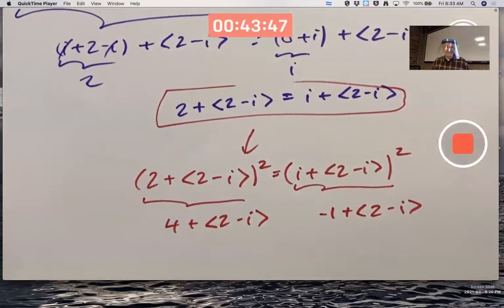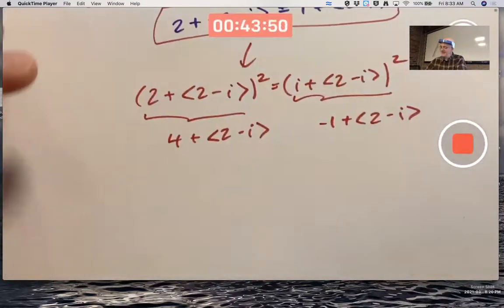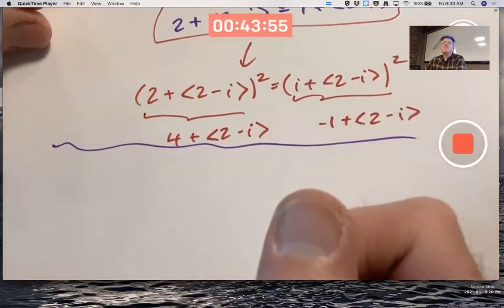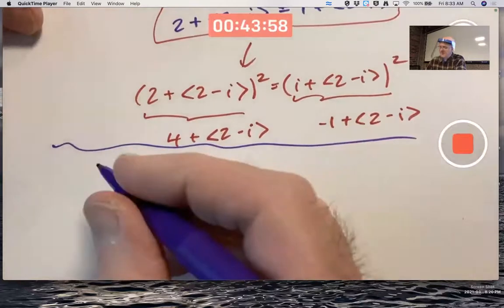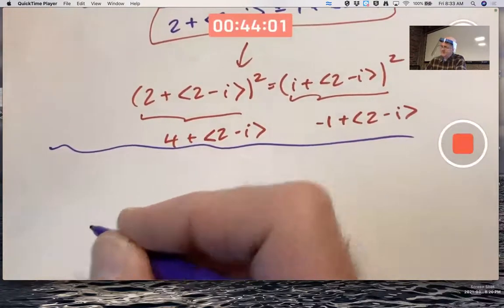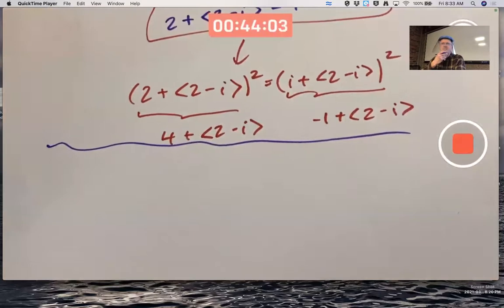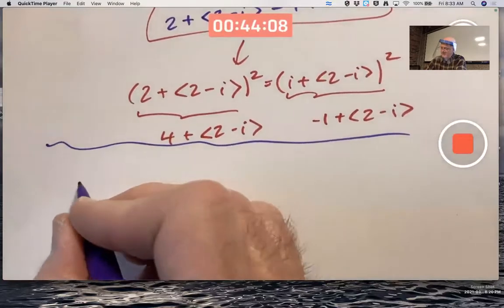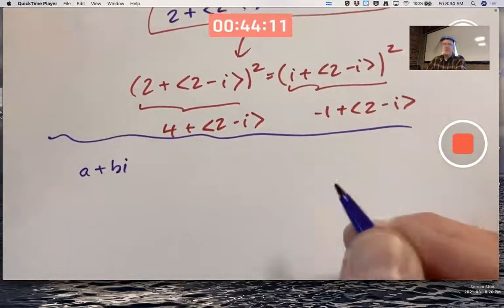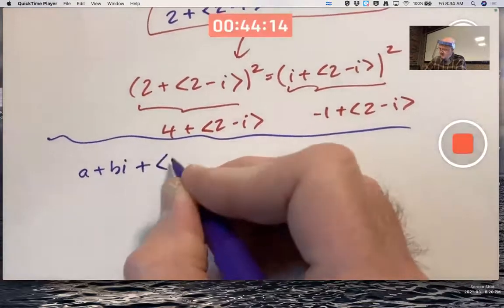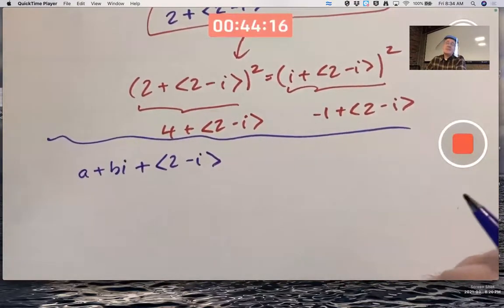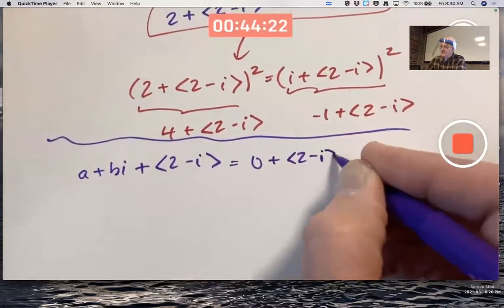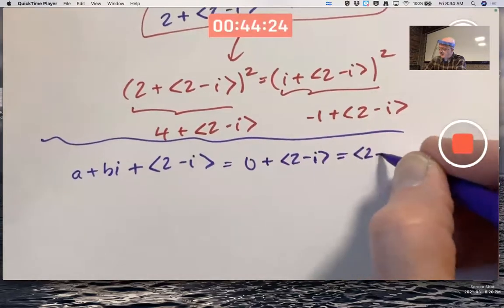Let me show you one other thing about this example that's kind of cool. What does it mean for a given left coset of the form a+bi plus the ideal to be the identity ideal? 0 plus the ideal, or if you just prefer, you can just write the ideal itself.